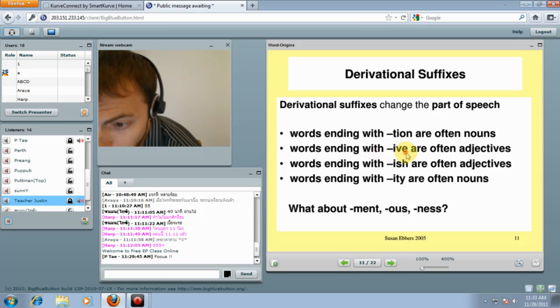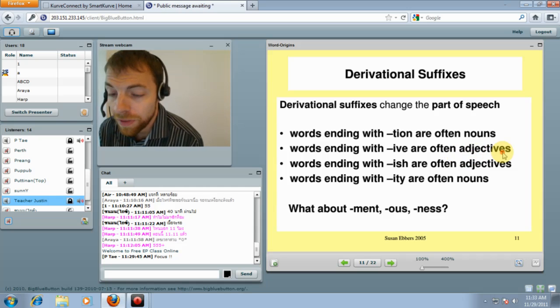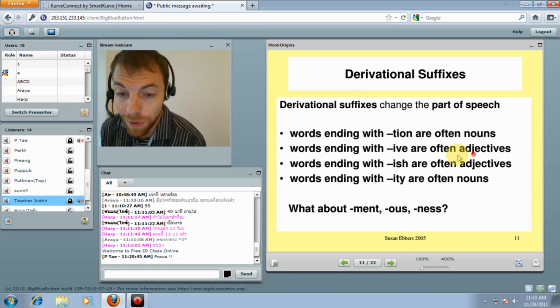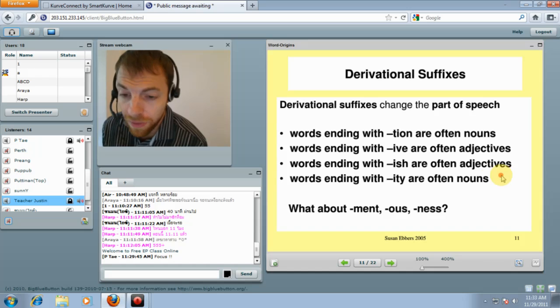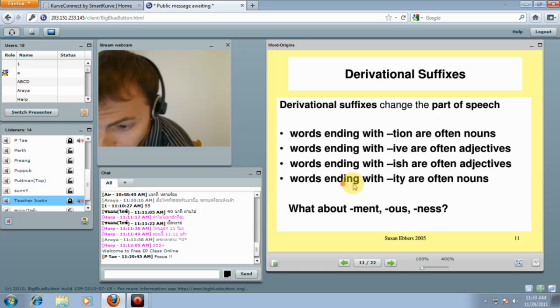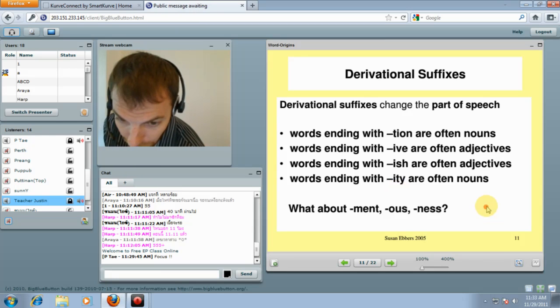Words ending with ive are often adjectives, a describing word. Words ending with ish are also adjectives, usually. And words ending with ity are often nouns.